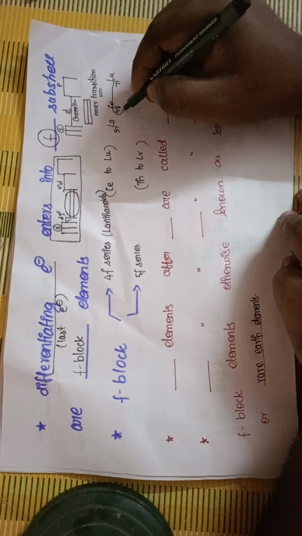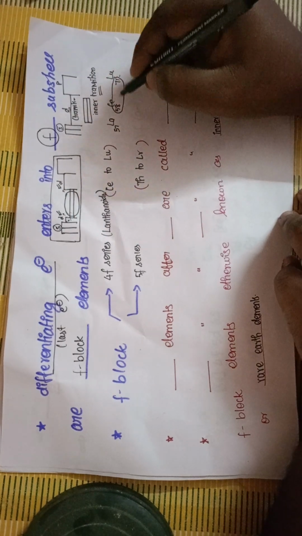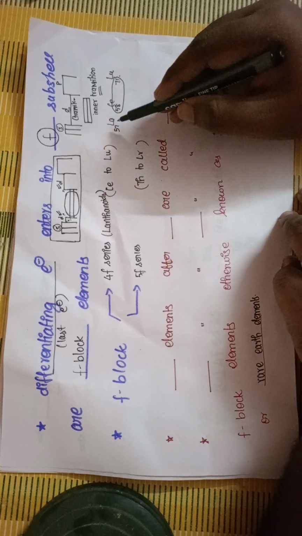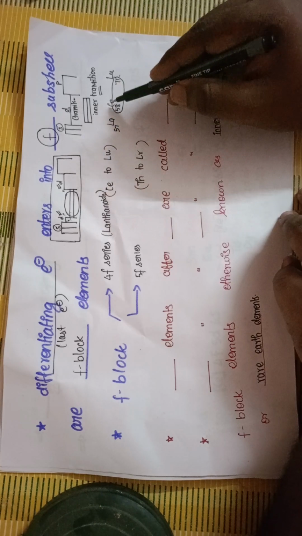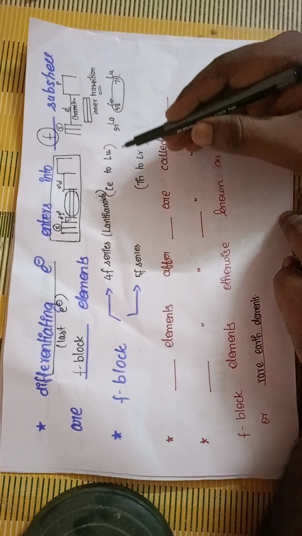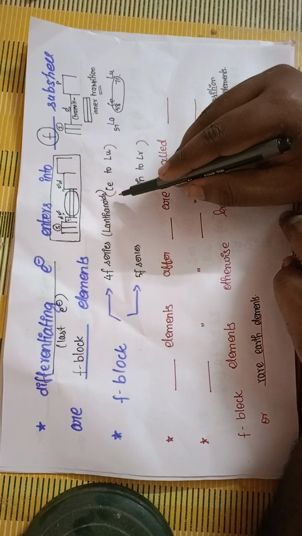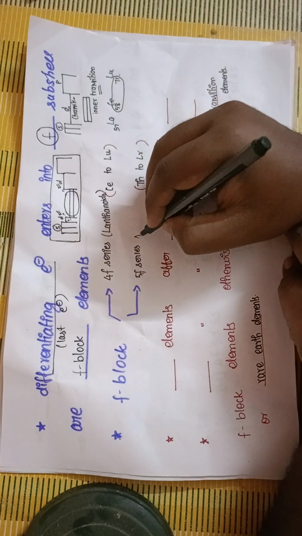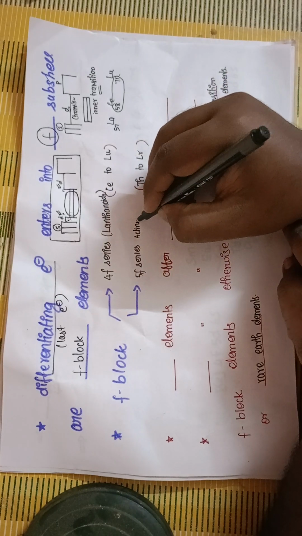These 14 elements, 58 to 71, follow lanthanum. That's why they are called lanthanides. The 14 elements after actinium are called actinides.